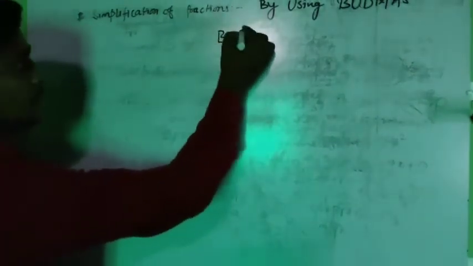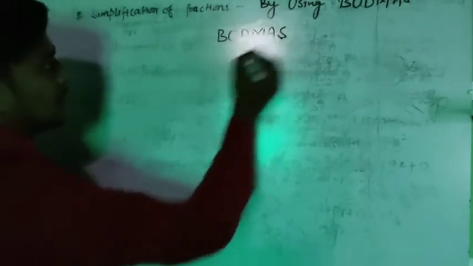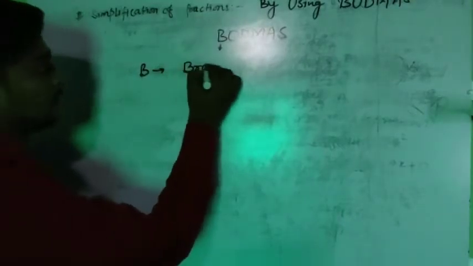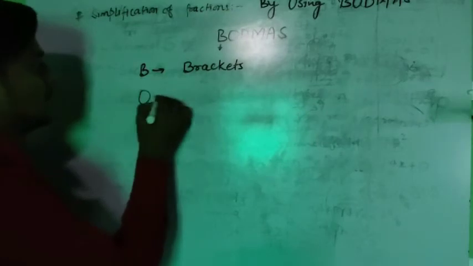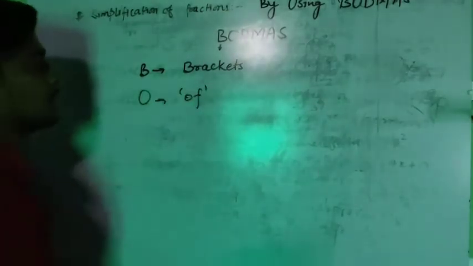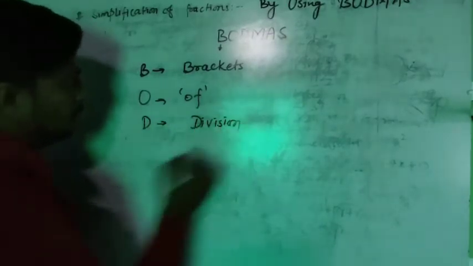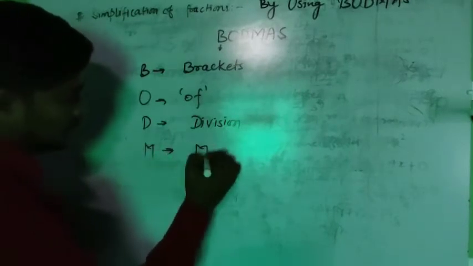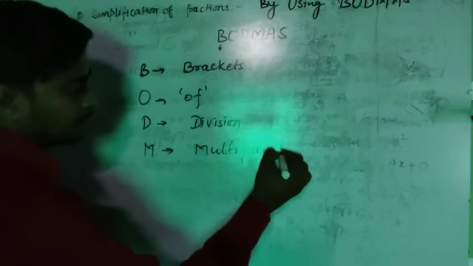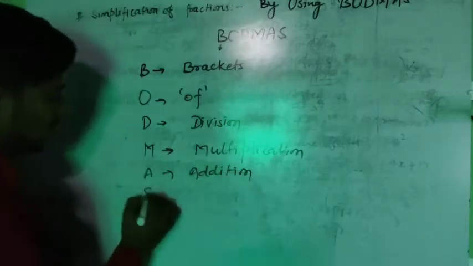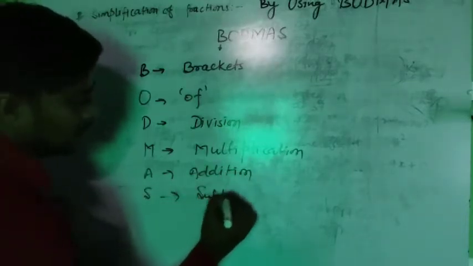So what is this? BODMAS. B stands for bracket, O stands for of, that we have discussed yesterday, D stands for division, M stands for multiplication, A stands for addition, and S stands for the last, subtraction.